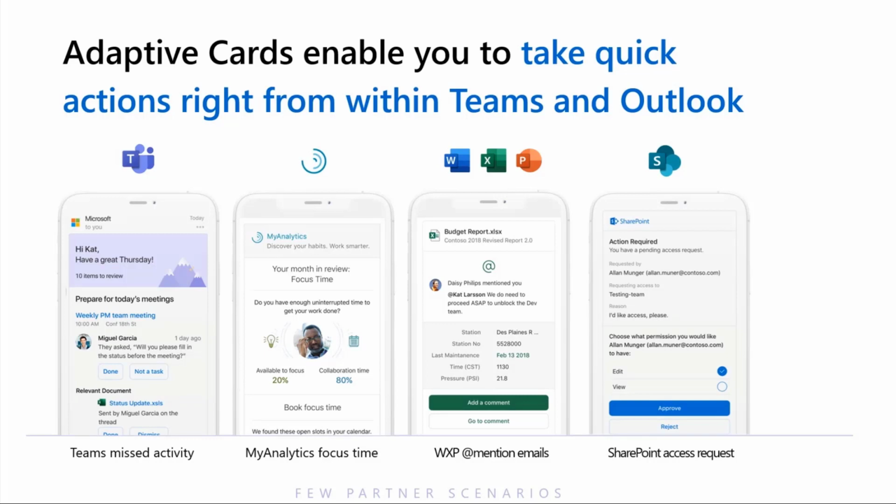I'm sure every time you miss a chat message on Teams, you get reminded of that with an actionable email in Outlook. You can reply to those missed activities from within an email thanks to adaptive cards. In addition to that, some of our biggest partners such as My Analytics and SharePoint use adaptive cards to enable you to book focus time or give access requests from within email or chat.